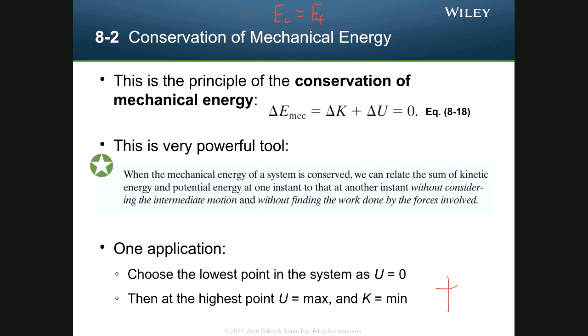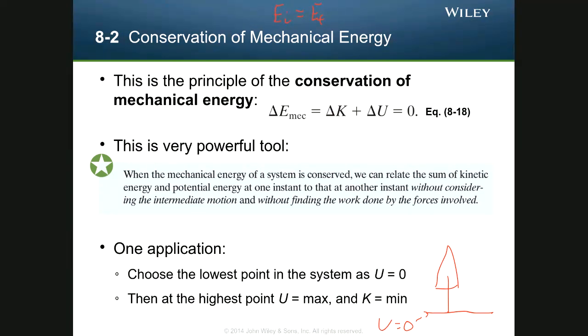Look at Professor Tolan's awesome art skills. Well, isn't that a great tree? And the ground. So usually we call the ground U equals 0. You always want to pick your lowest point in your system as 0, because otherwise you start getting negative values and things get complicated.